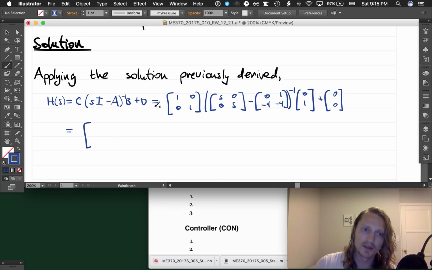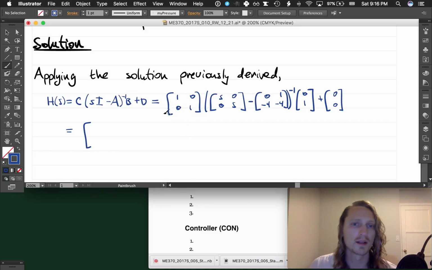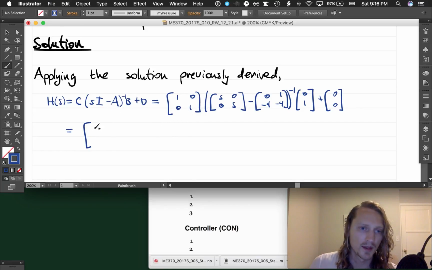The inverse that we'll need to compute is of this matrix. The identity matrix essentially just dissolves away, has no effect, so we can just drop it. The first term of the matrix we need to invert is s minus 0. Second term is 0 minus 1, so negative 1. Third term is 0 minus negative 4, or positive 4.